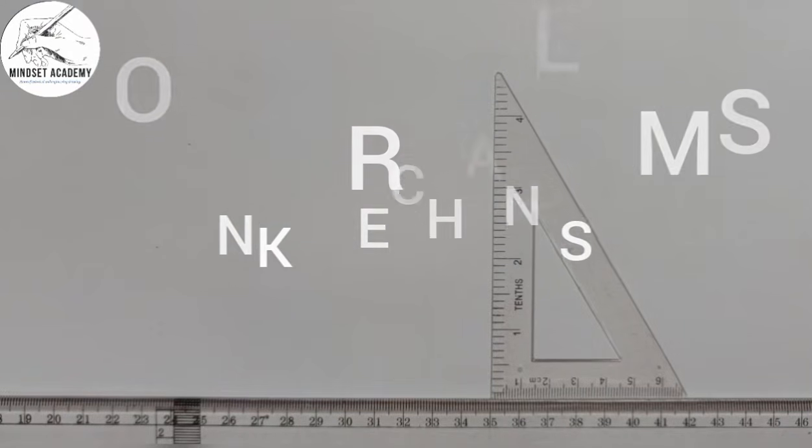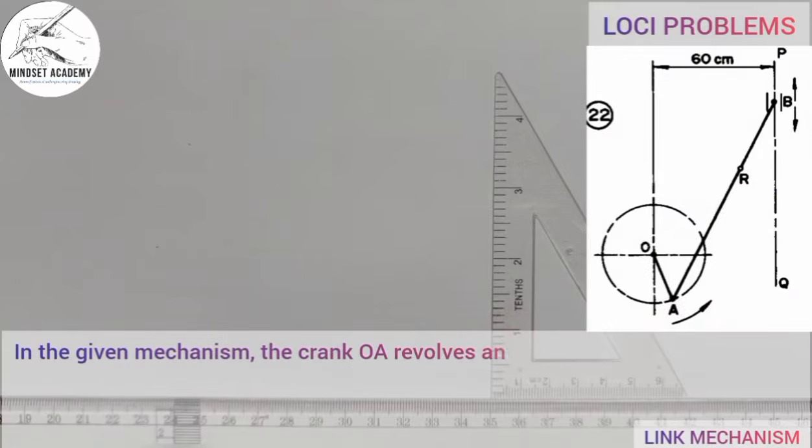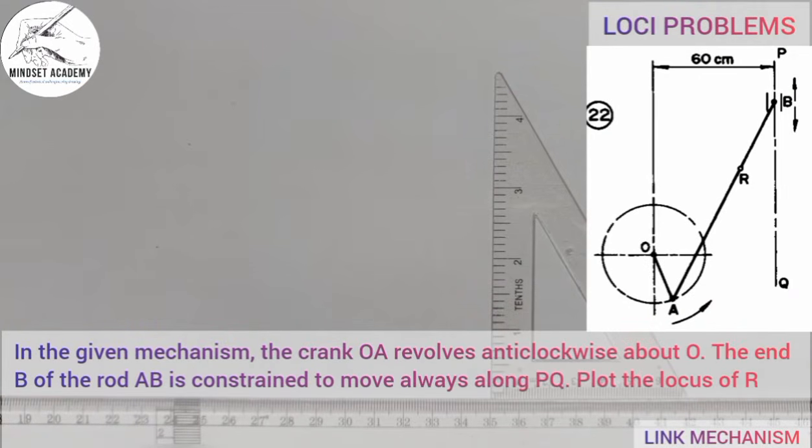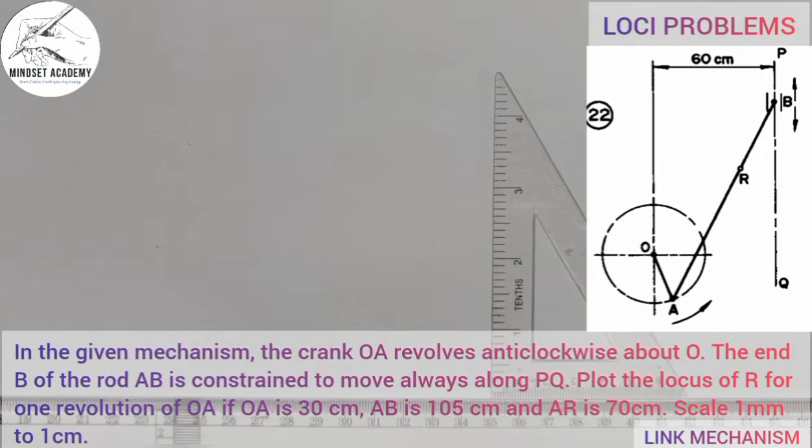And the question goes like this. It says, in the given mechanism, the crank OA revolves anticlockwise about O. The end B of the rod AB is constrained to move always along PQ.